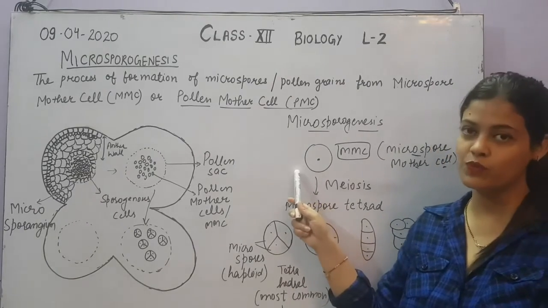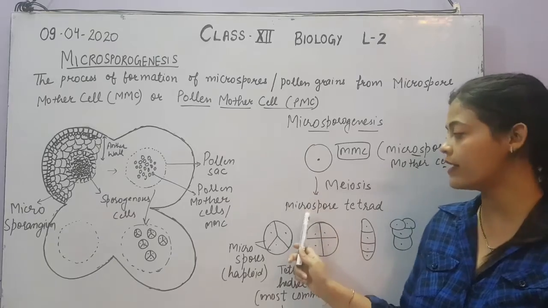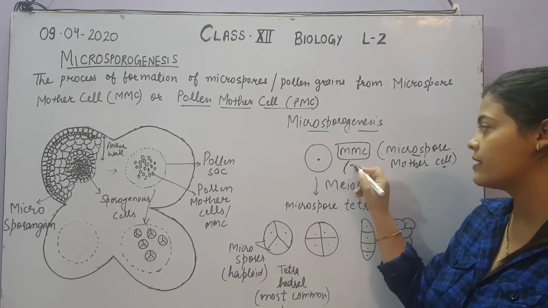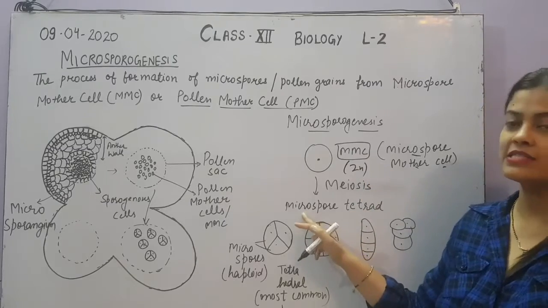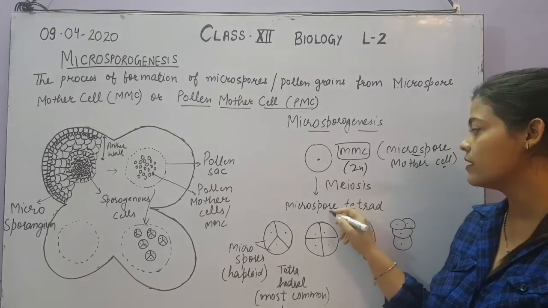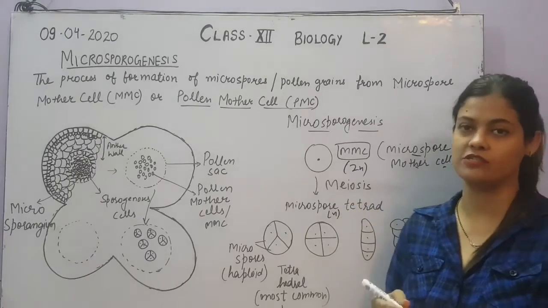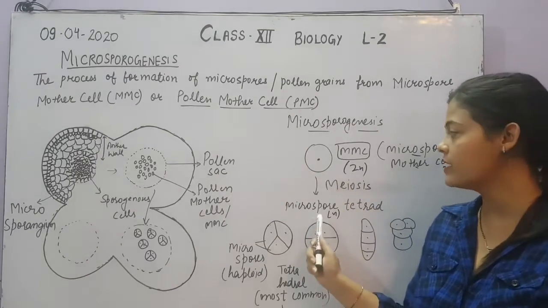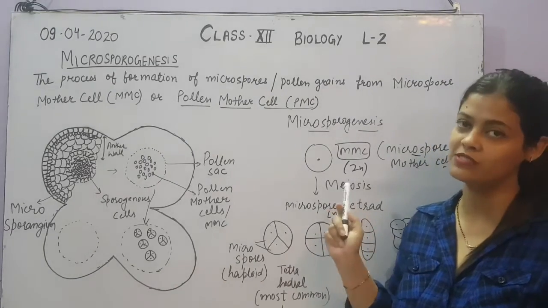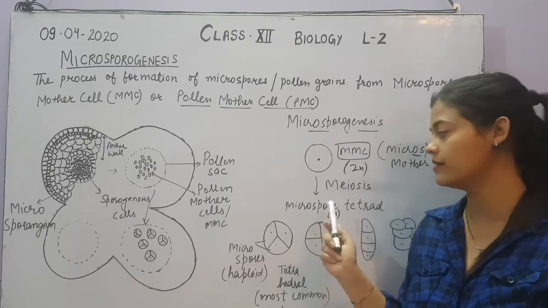So one microspore mother cell will form 4 microspores by meiosis. Microspore mother cell is diploid in nature, whereas the microspores formed by it are haploid in nature. So this is diploid and these are haploid because they have undergone meiosis, which forms haploid cells.